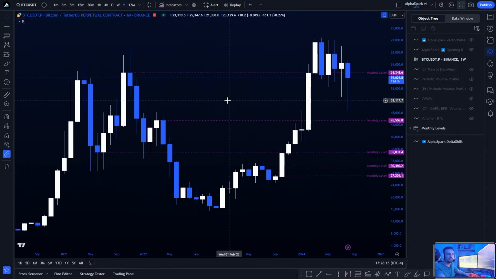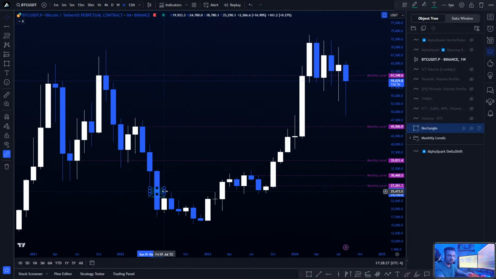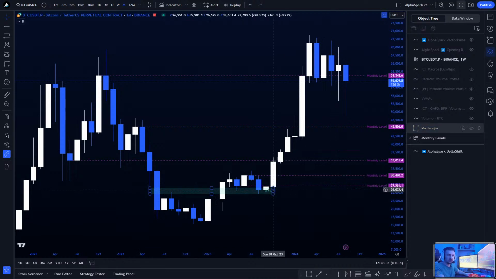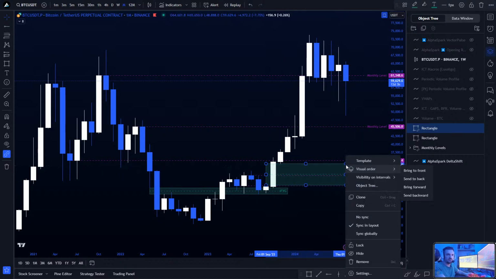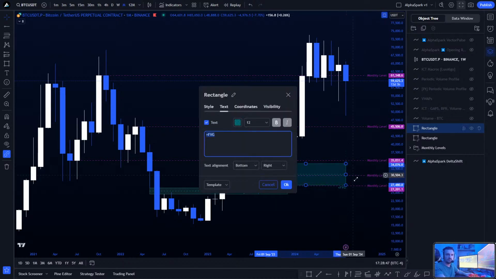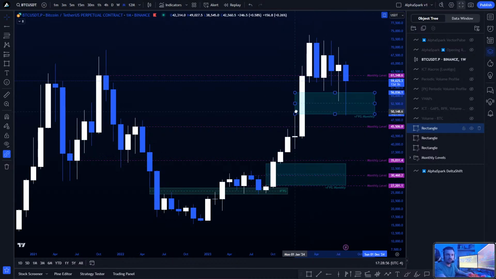Oh, by the way, since I'm here, and I'm skipping a step, but let's mark out fair value gaps. So this was an inverted one. This is still an untested monthly gap. This is already tested.